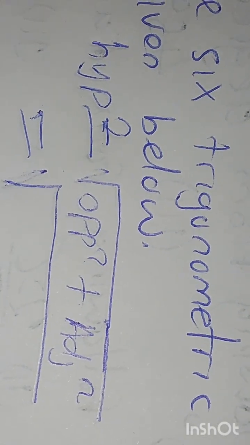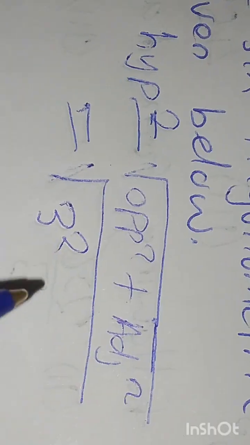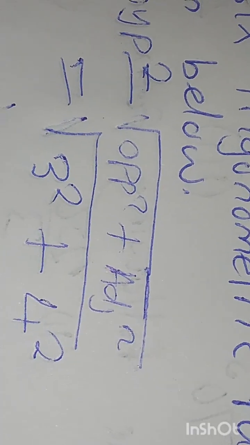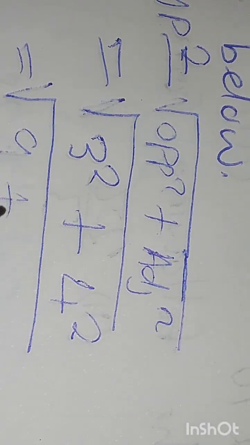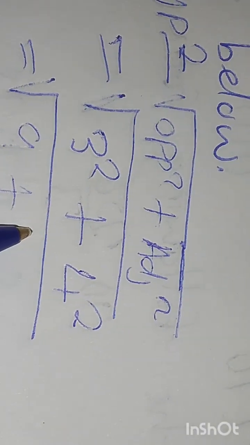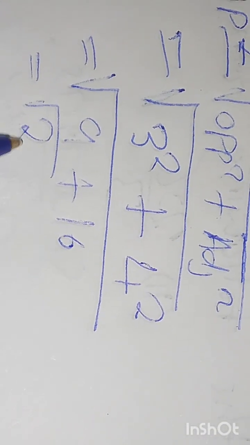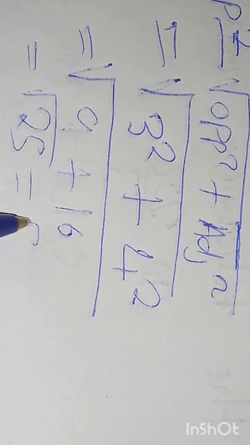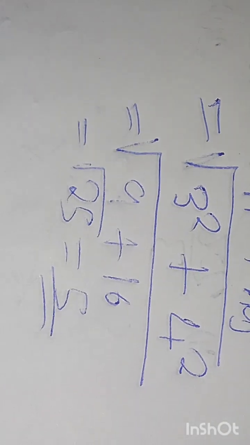We have 3 squared plus 4 squared. So root of, what's 3 squared? 3 squared is 9, plus 4 squared, which is 16. 9 plus 16 is root of 25. Root of 25 gives us 5. So our hypotenuse here is 5.